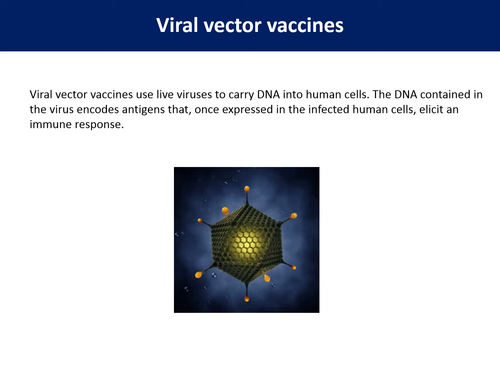In terms of viral vector vaccines, we can use a live, genetically modified virus to carry the DNA into human cells. This DNA contained in the virus encodes antigens, which, once expressed in the infected human cells, can elicit an immune response.